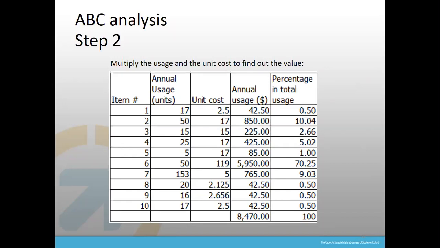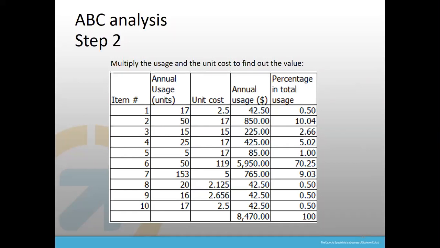This is 100%. And then with Excel, very easy. I made this with Excel. We can see item number 1 accounts for just 0.5% of the total value in the warehouse per year. Item number 2 is 10.04%, and so forth.